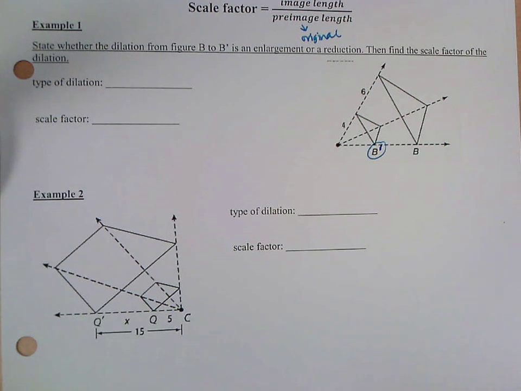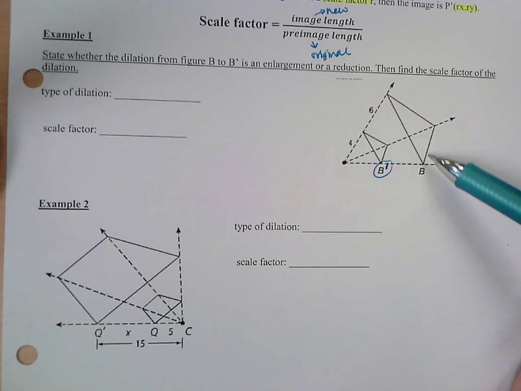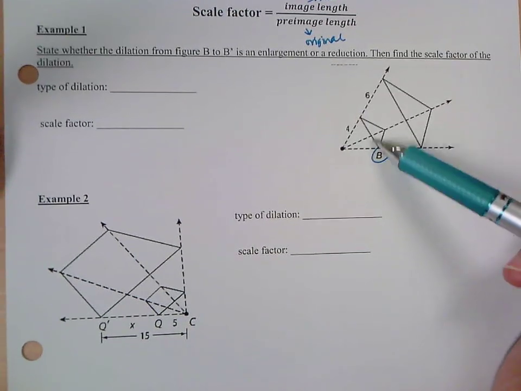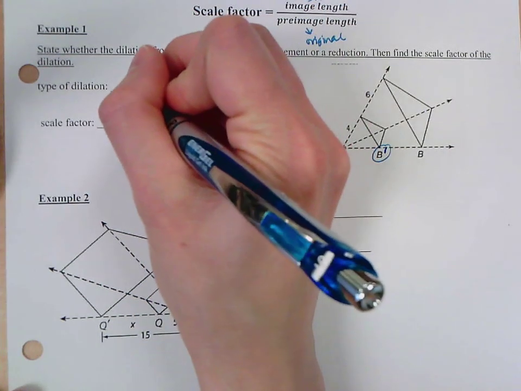So by looking at that, would you say that is an enlargement or a reduction? Reduction. So you're going from this triangle, because that has a vertex of B, down to this smaller one. This is the new one here. So this is a reduction.